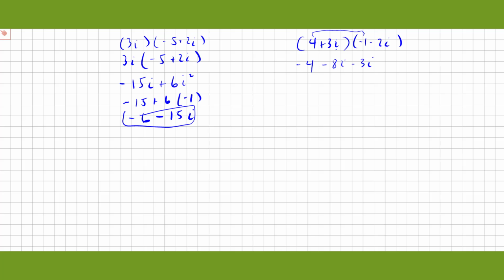And then my last ones are 3i times negative 2i, so that's minus 6i squared. You see that i squared, what are you going to do? You're going to substitute negative 1 in for it. So I'm going to just write that out. We have negative 4 minus 8i minus 3i minus 6 times negative 1. Combine my like terms, I end up with 2 minus 11i. So that's what I did there. I got my product, using something similar that we've been working with.